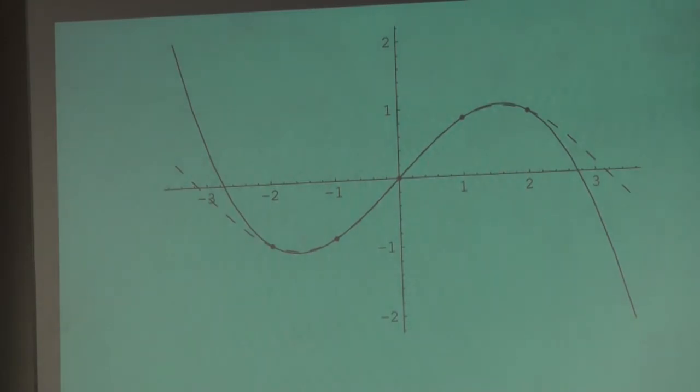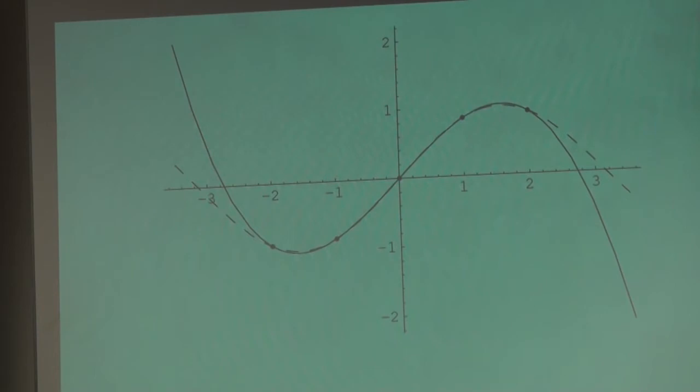For 5 points, I can interpolate a polynomial of at most degree 4. And this is our polynomial. This is what we get. Isn't it nice? In this interval between -2 and +2, it's quite a good approximation of the sine function.